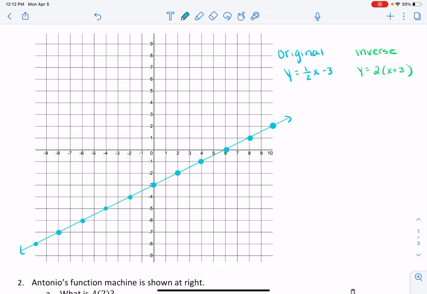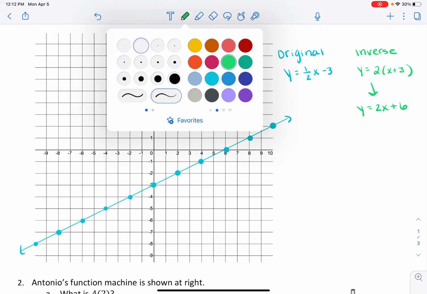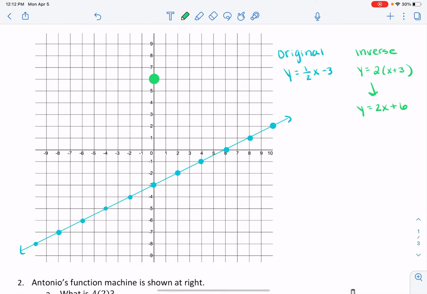Okay, now let's go ahead and get the inverse graphed. So I'm actually going to change this. Let's distribute. So it's 2x plus 6. So I did that so it looks like mx plus b. So that tells me that we have a point on 6. Oops, it's really large. And we're going up 2 over 1.